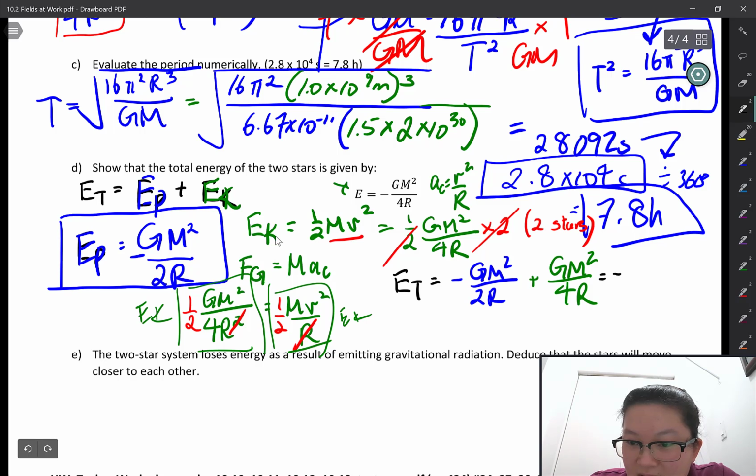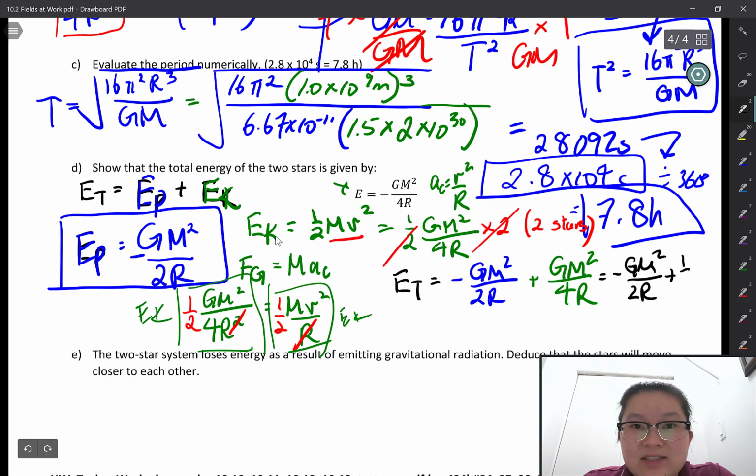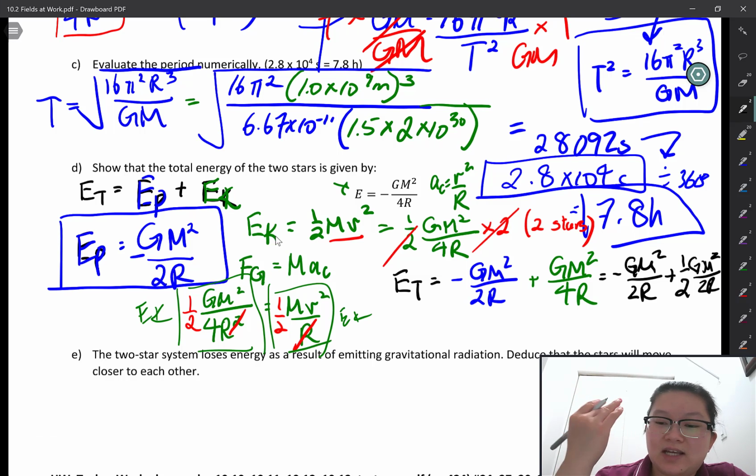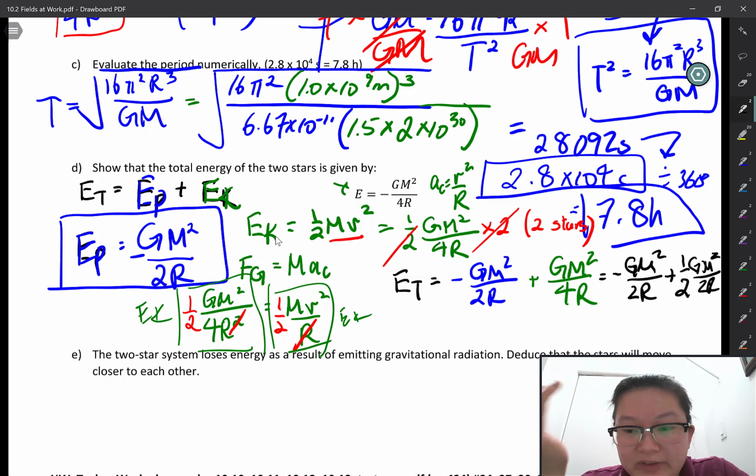So let's keep that the same. If I add this over 4r, I'm just going to say this is exactly the same as 1/2 GM squared over 2r, in which the 2 on the bottom multiplied are going to give me 4. So this is essentially saying -1 plus 1/2.